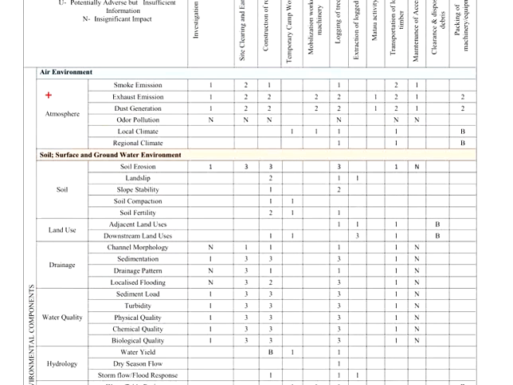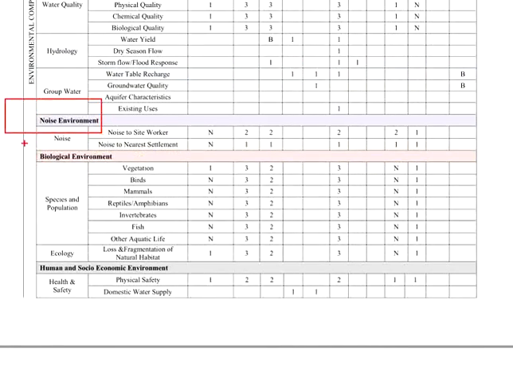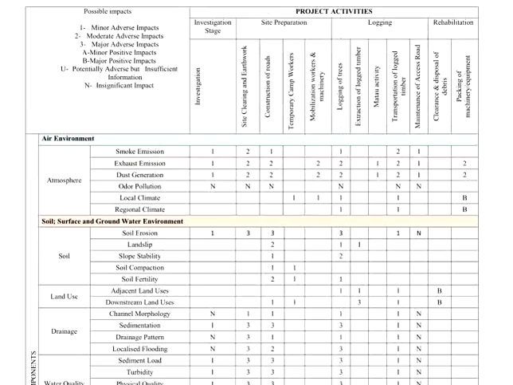This may include the air environment, soil environment, surface and groundwater environment, noise environment, biological environments, human and social economy environment, and etc., whichever deems to be relevant.